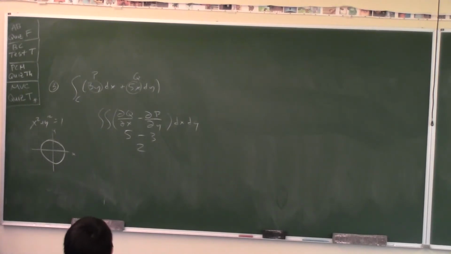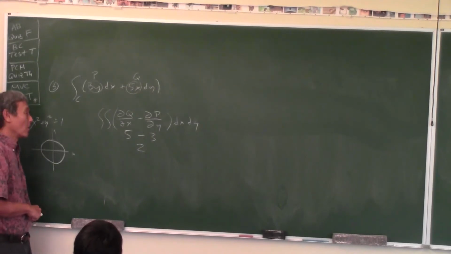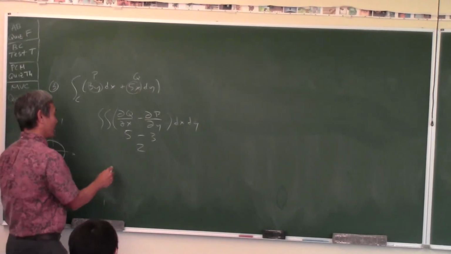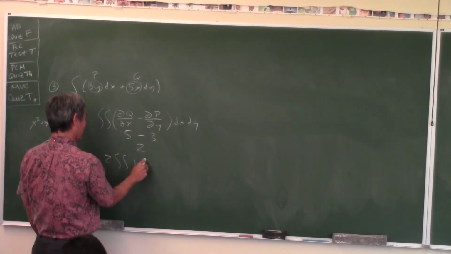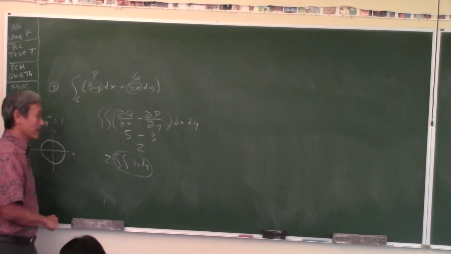Wait, that's what I was thinking too. Yeah, because if you bring the 2 to the outside, that's the area of the circle. Is it? Oh, I see what you're saying. If you put the 2 on the outside, dx dy gives you the area of the circle.